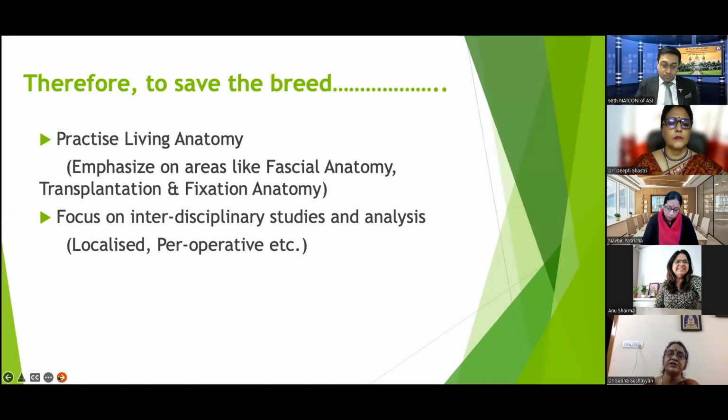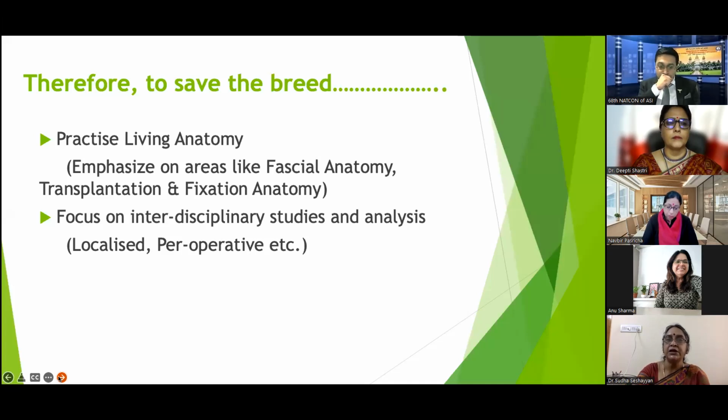I remember the days when my surgery professor, as I was a postgraduate student in anatomy, would always call me to the theater and make me stand next to him as he was operating. It was a kind of mutual learning.